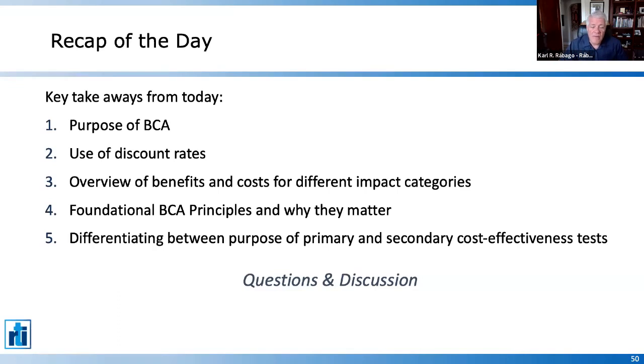We went through all the foundational BCA principles, which help us build confidence in our decision-making, or at least in the analysis that informs our decision-making, and understand that sometimes we may want to have both primary and secondary cost effectiveness tests, especially when we want to test some variations on program design and portfolio scope, more of which we're going to talk about tomorrow. So that brings me to the end of my slides for today.